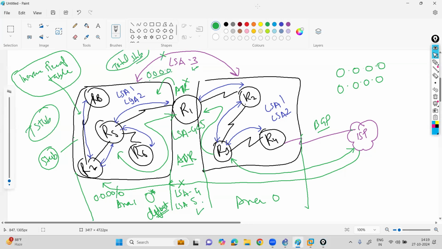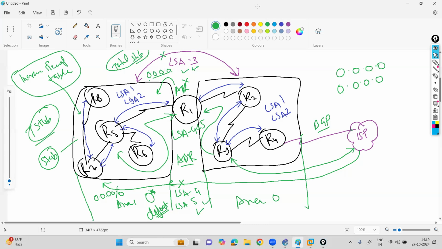LSA type 4 and 5 will be blocked, and 3 will be blocked. In case of only stub, only LSA 4 and 5 will be blocked. But in case of totally stub, LSA 3 will be blocked too. Right? Now, any confusion with the total stub area, dear?